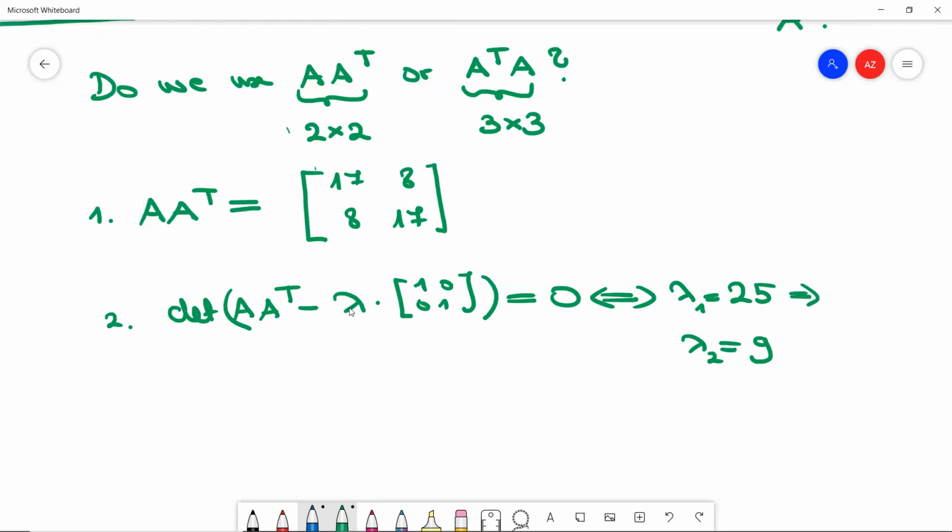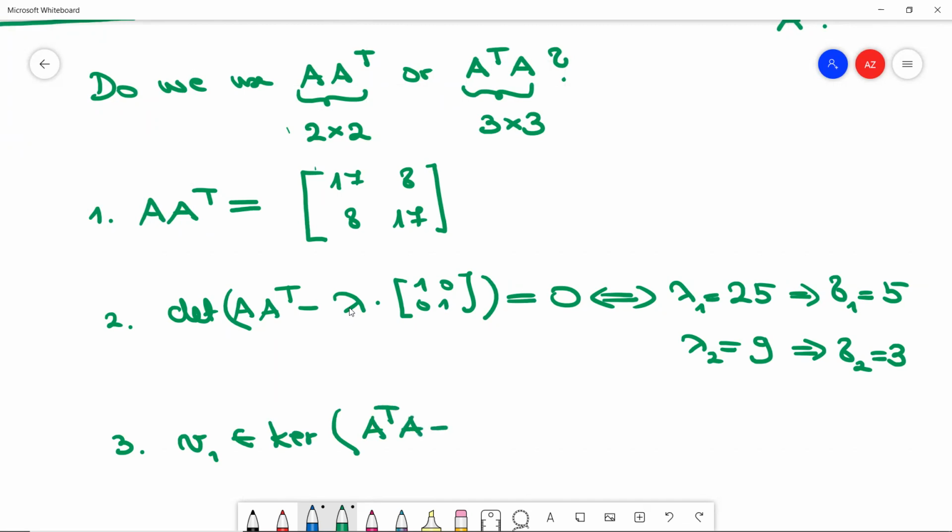So this means that singular value 1 is 5 and singular value 2 is 3. And then to get v1, v1 is in the kernel of A transpose A minus 25 times identity. And we got that this kernel is the vector 1, 1, 0.